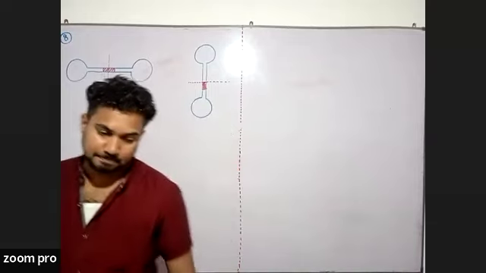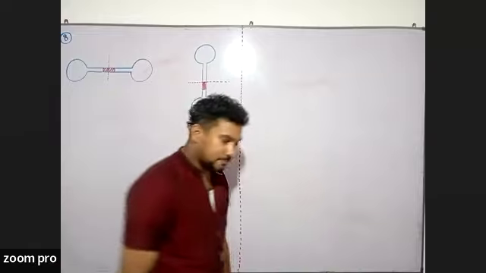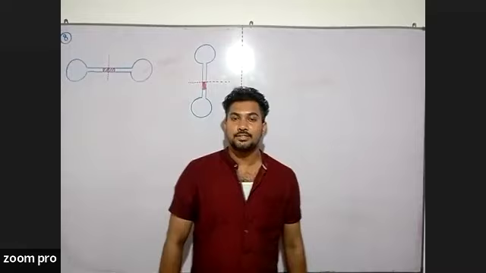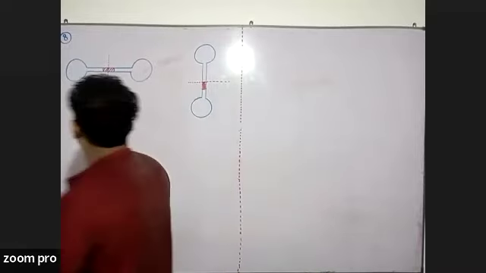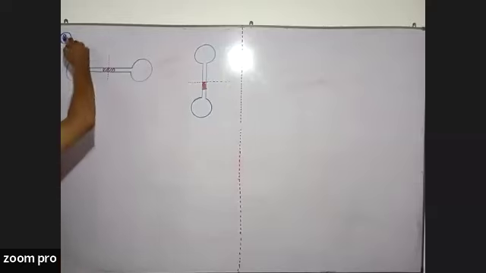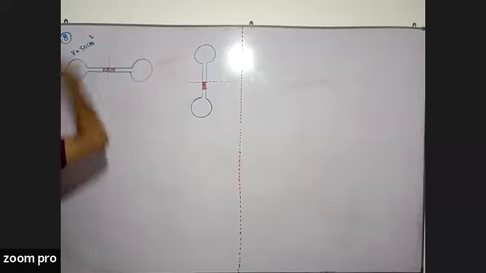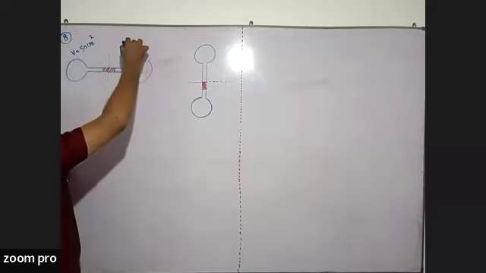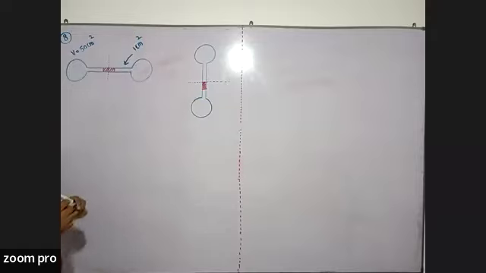So first of all, it's better to draw a relevant diagram for this question. Here, these are the two bulbs. We have mentioned that the volume of a single bulb is equal to 50 cubic centimeters, and the area of this tube is equal to 1 square centimeter.